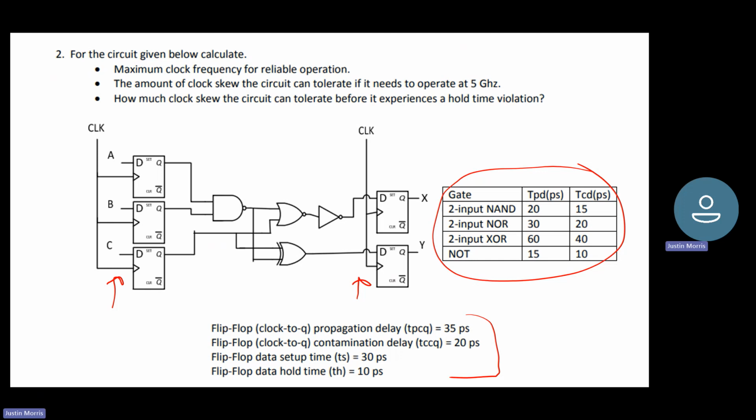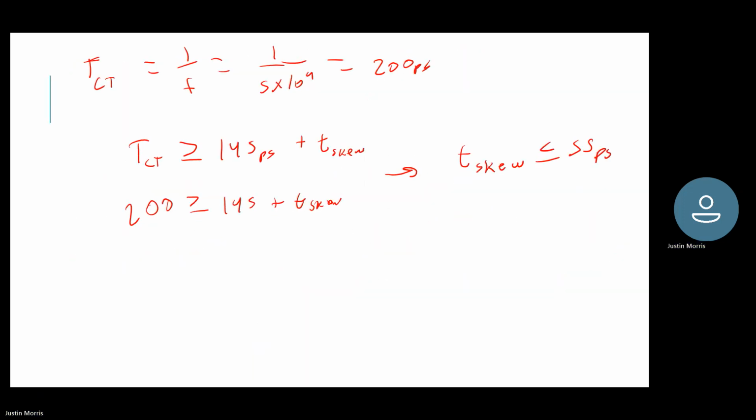So that's our PD. And we just found the maximum path, right? And then in order for this flip flop to capture that input properly, the thing needs to arrive early by setup time. And then we're going to do the hold time now. So we haven't handled hold time yet.